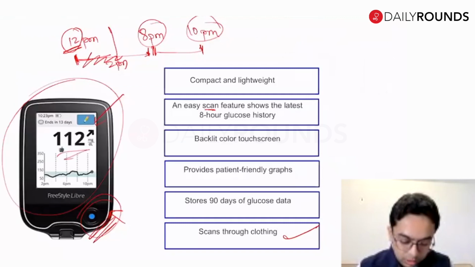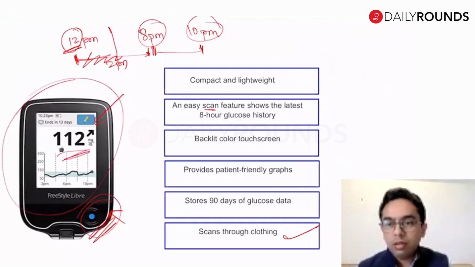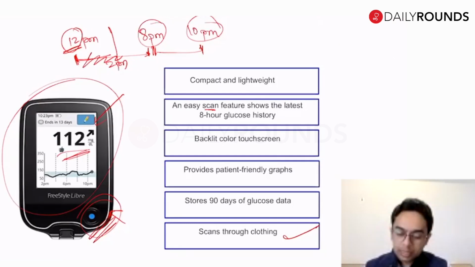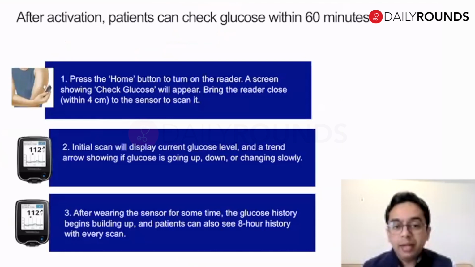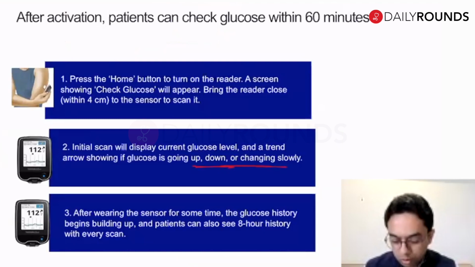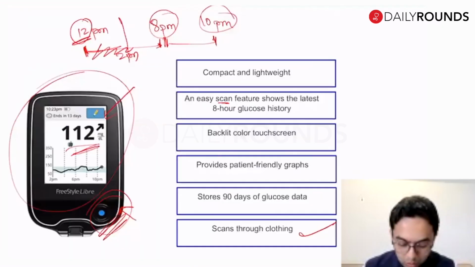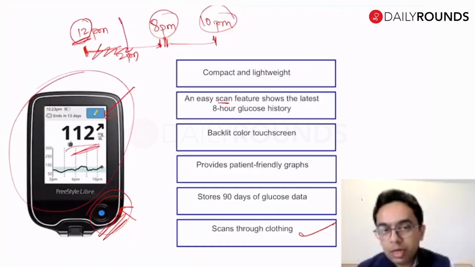That is, you can see here 112. That is the actual sugar at that time. That is what the reader is displaying. Then it will also tell you about the trend, that is, whether it is going up or down, changing slowly. If you can see here, there is an arrow which is slightly 45-degree upwards.